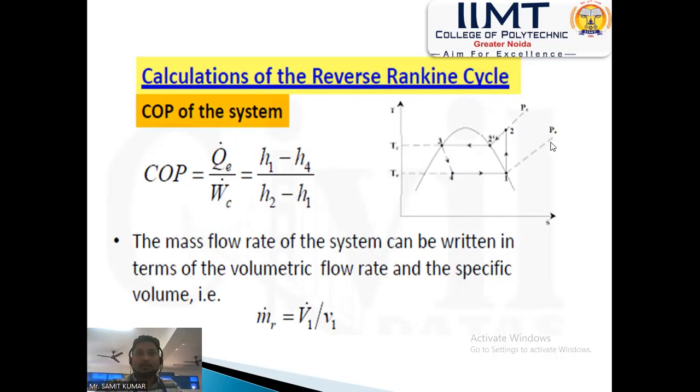The work input by the compressor is H2 minus H1. This ratio gives the COP of the reverse Rankine cycle. The mass flow rate of the system can also be written as the volumetric flow rate upon the specific volume.